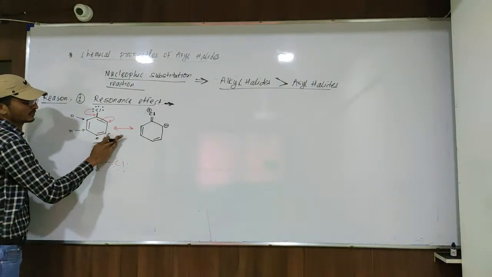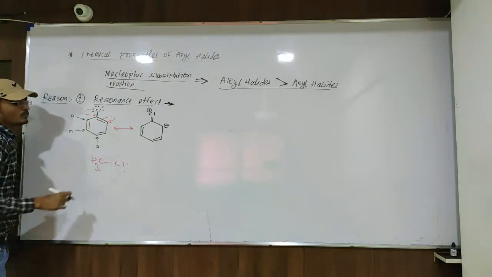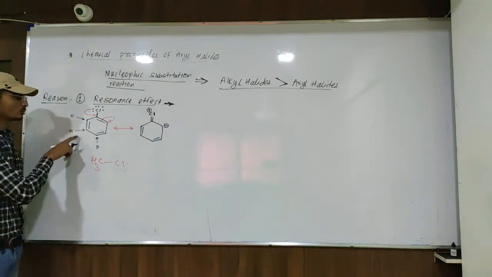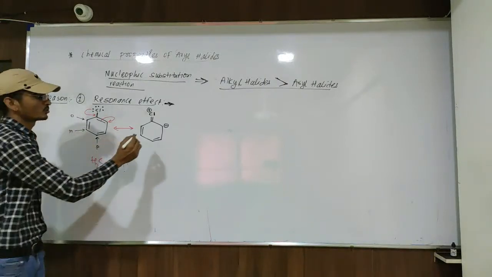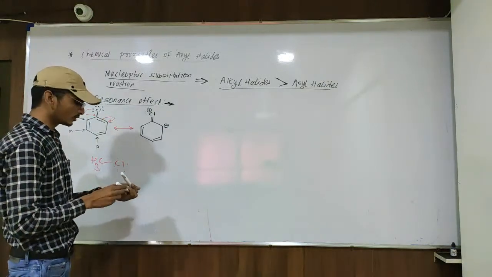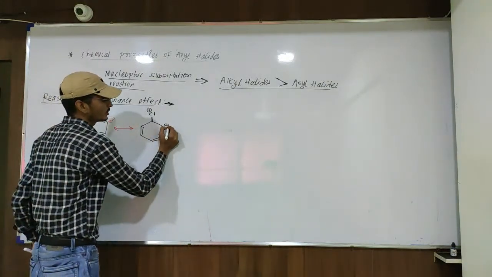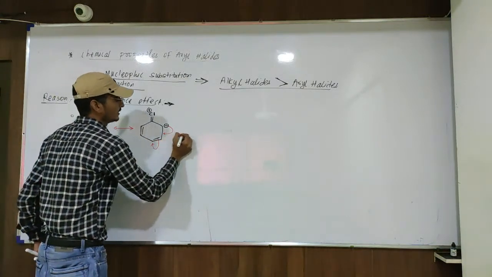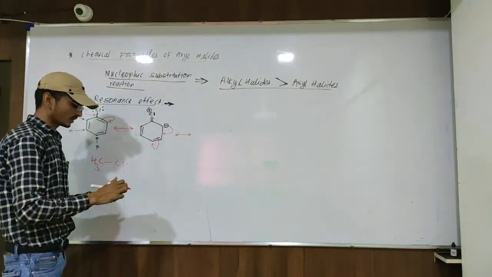These are the positions when we have a mono-substituted benzene: ortho, meta and para. There is a negative charge on the ortho position. This negative charge is again in resonance with the next double bond, so you will get the next resonating structure.